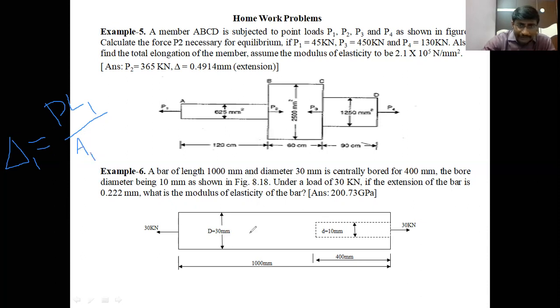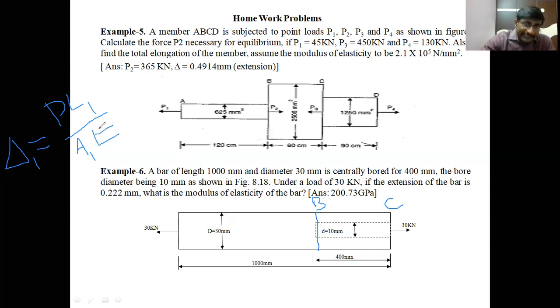The areas are not equal because the first part is a solid rod and the BC part from point B is a hollow circular rod. A bore is created centrally up to 400 mm length with 10 mm diameter. Clear? So A1 and A2 are not equal here.